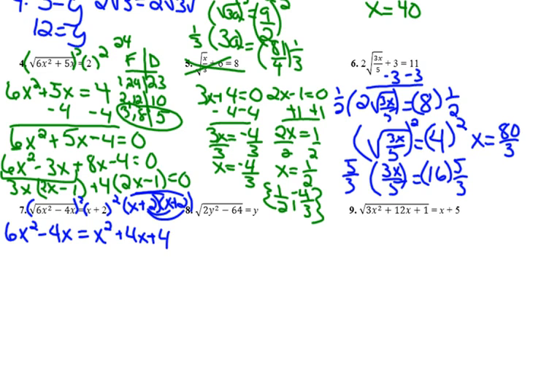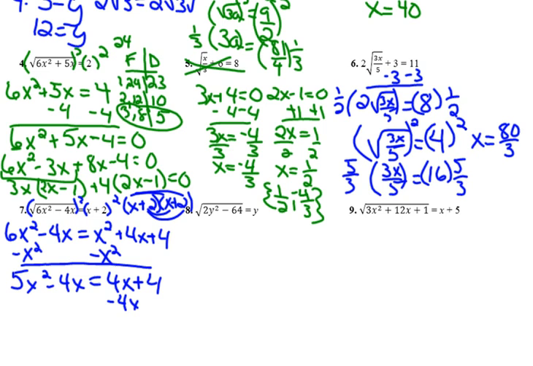Now, because it has an x squared, we have to get one side equal to 0. So I'm going to subtract x squared, which gives me 5x minus 4x. I could have done that all in one step, so I'm going to actually do that now to get one side equal to 0.